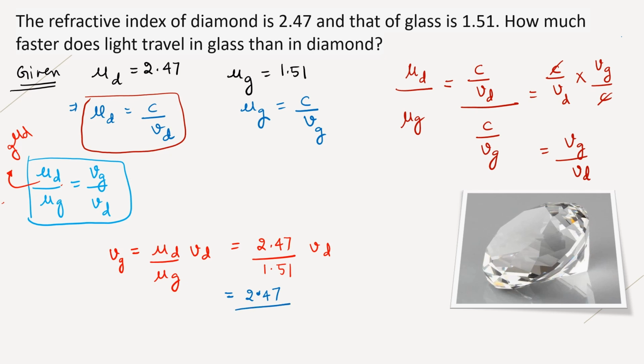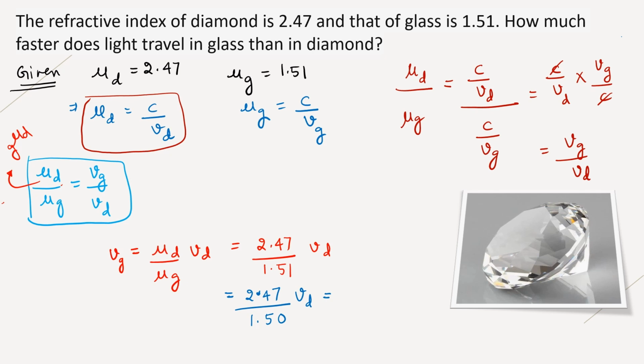I am just taking a small approximation: 1.51 is almost equal to 1.50. Instead of writing 1.51, I am writing 1.50 to make the calculation easy. I know the answer will be slightly deviated, but I will get almost the correct answer. So that's why I am doing it.